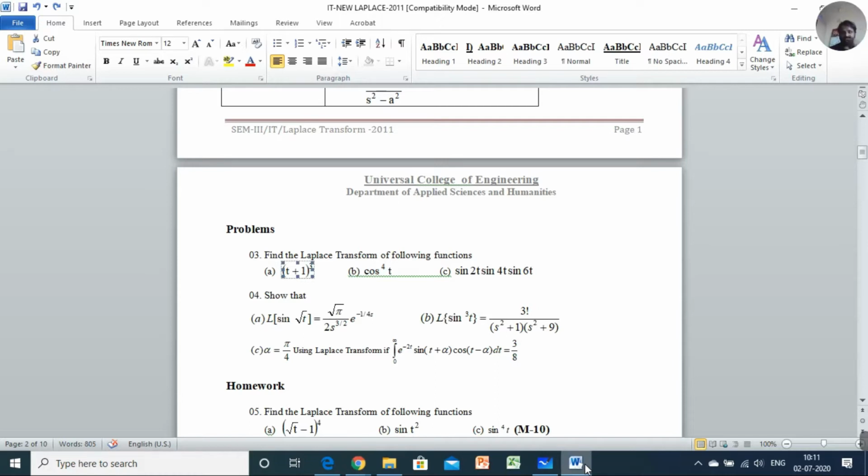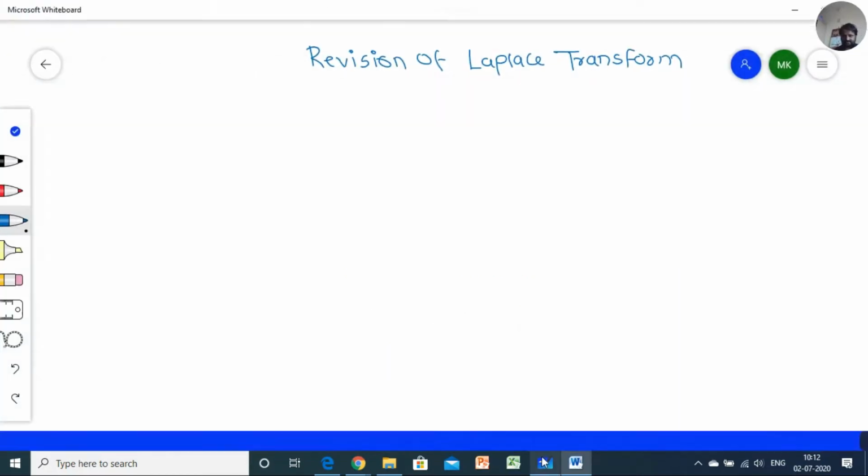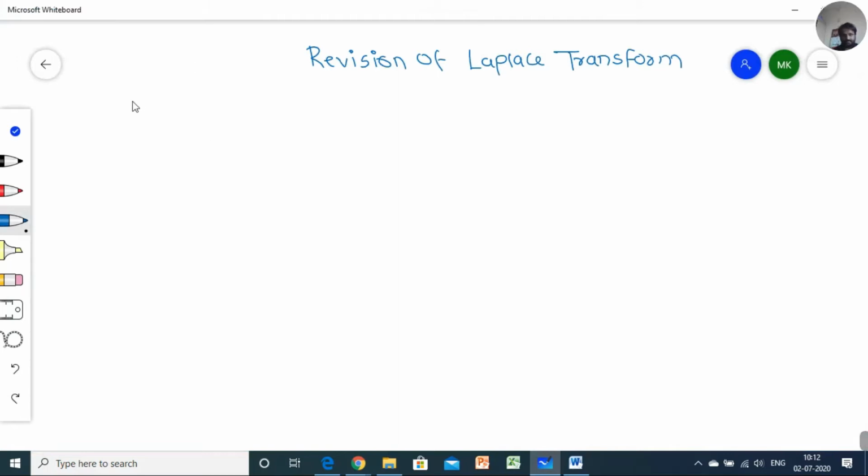Now, Laplace transform of the following functions: t plus 1 raised to power cube and cos raised to 4t. Such numericals we have already solved. Suppose I have to calculate the Laplace transform of cos raised to 4t. Yesterday I explained this concept. Suppose we take cos raised to power 4t.